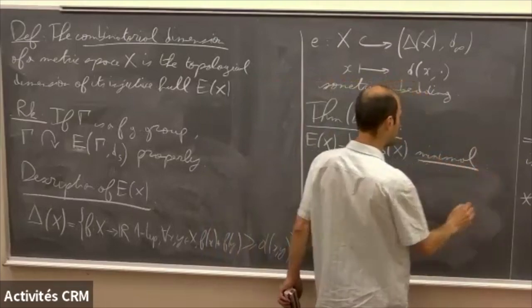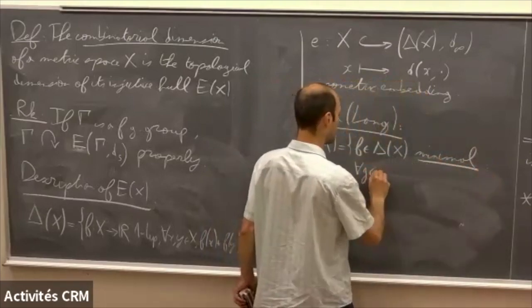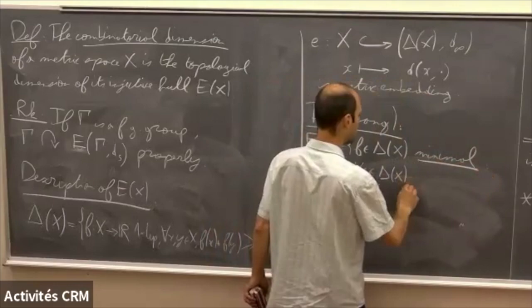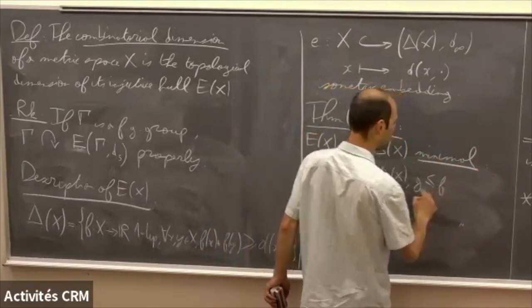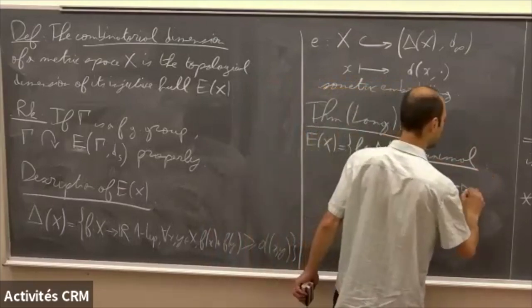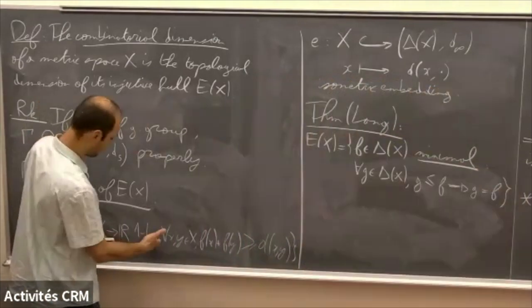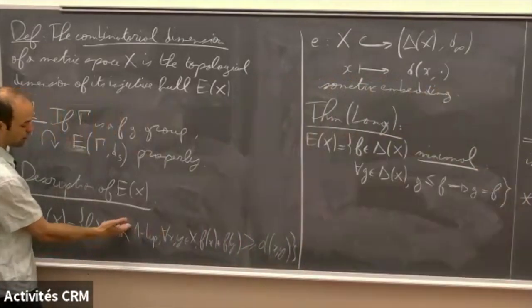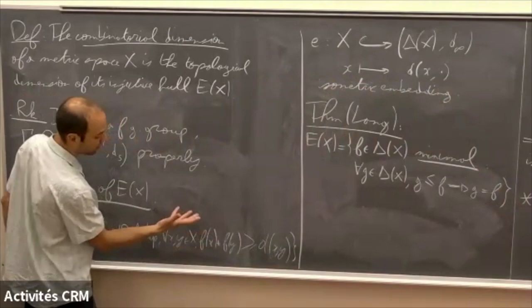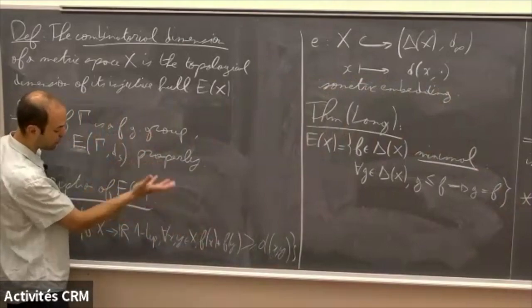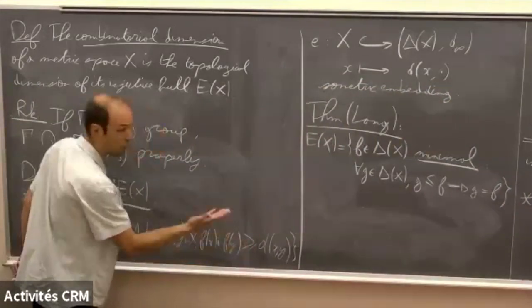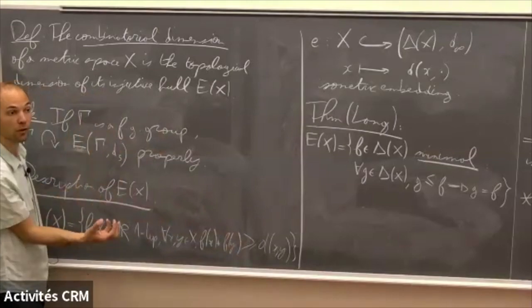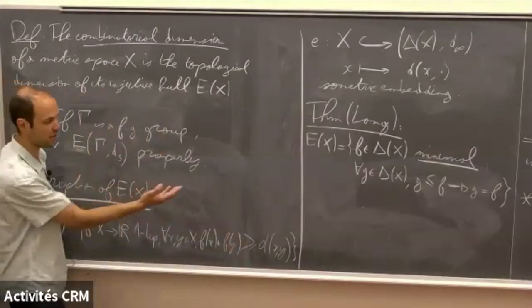What does it mean? It means that for g in Δ(X), if g is less than f everywhere, then g is equal to f. Inside R^X, you have something which is bounded below by hyperplanes, and you somehow want to look at the minimal subset. This is what you want.